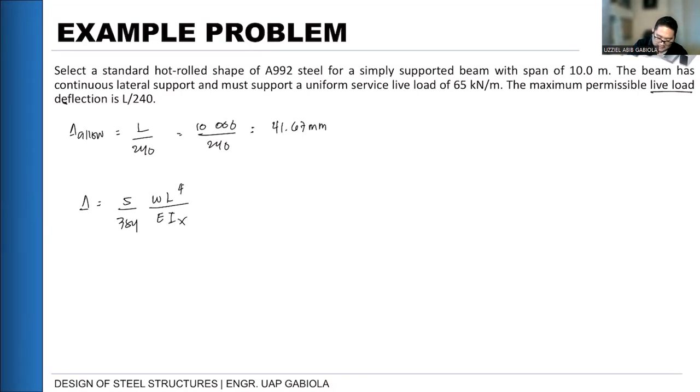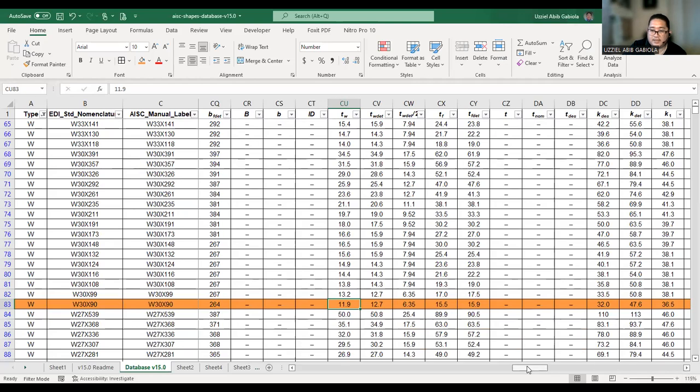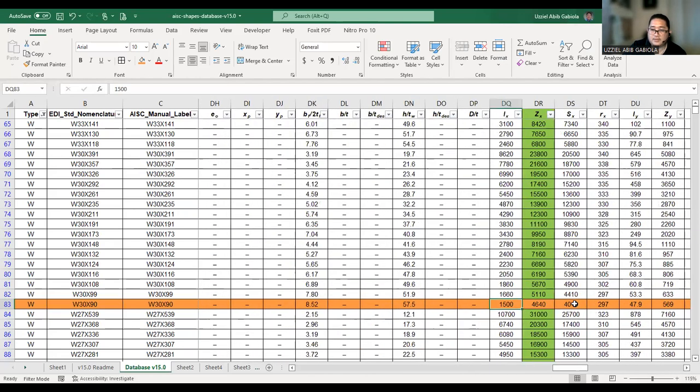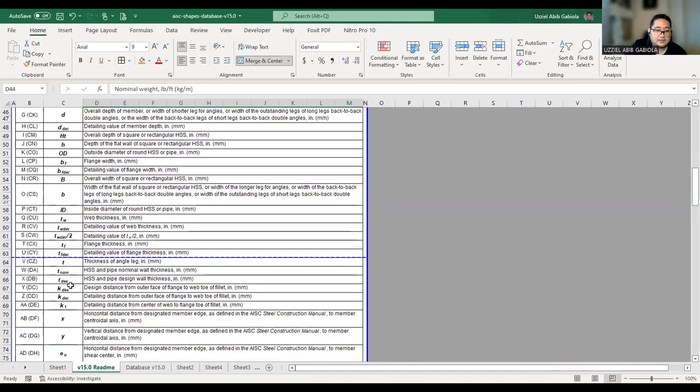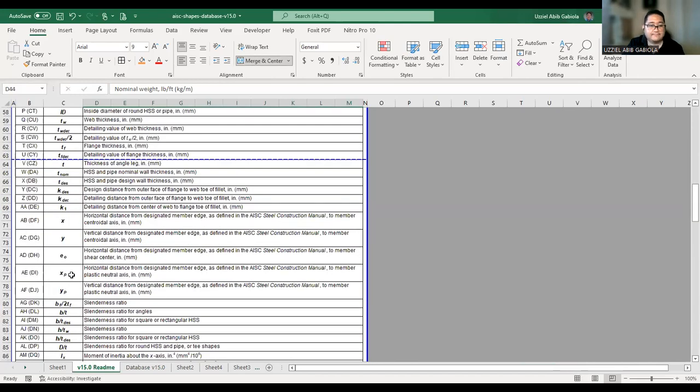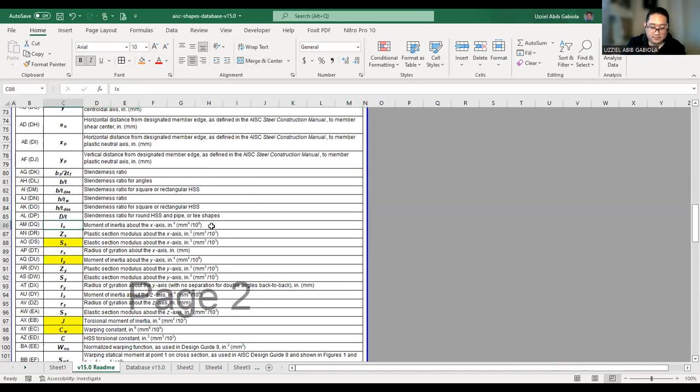And ang Ix natin, kukunin natin dun sa ating table. Ito. Ix natin is 1,500, times 10 to the 6 mm to the 4th. Okay?